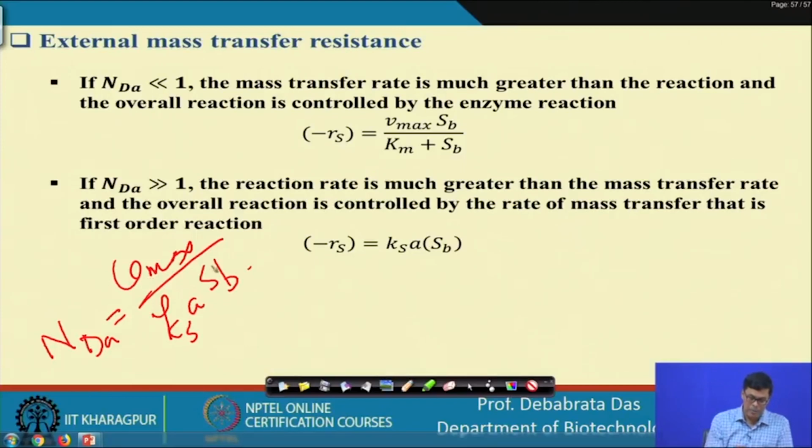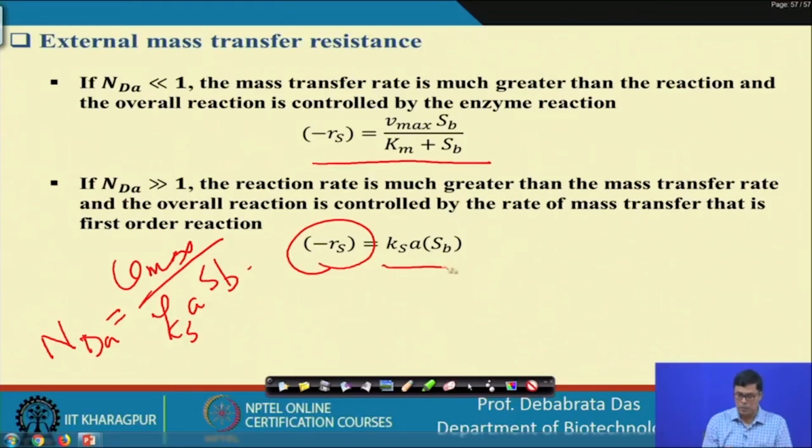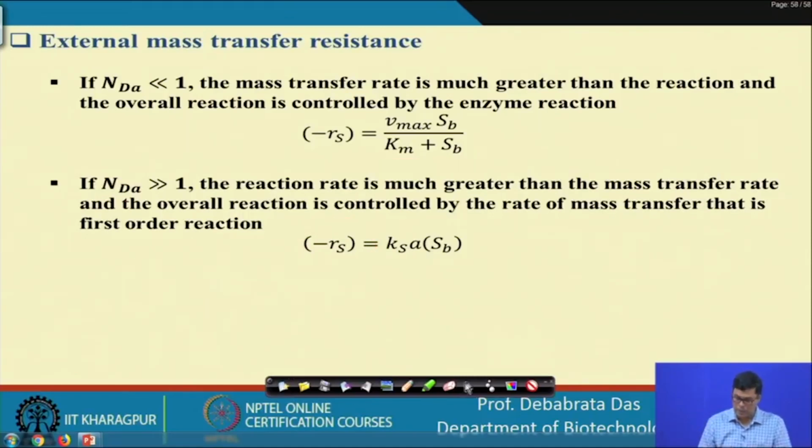This will be very small and mass transfer will be very high. If mass transfer is very high, then mass transfer is not limiting. What is limiting? The rate of reaction. So the rate of reaction is controlled by the substrate concentration. But when your Damkohler number is greater than 1, then your velocity of reaction is very high, or mass transfer is very low. So your overall rate of reaction is controlled by the mass transfer. This is called mass transfer control.